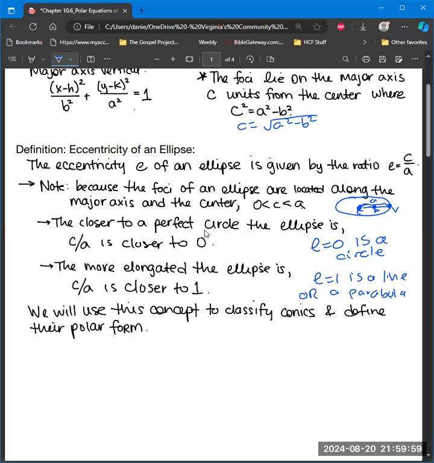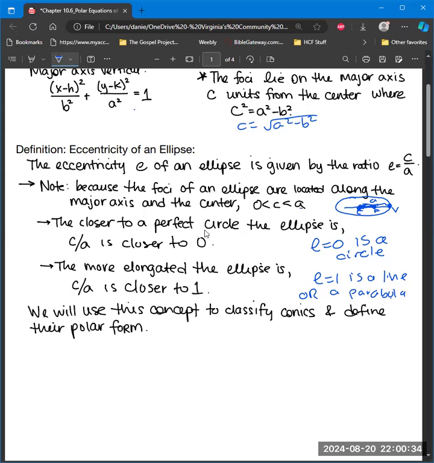When this point comes closer and closer to the center, I get less elongated and more rounded, and it's going to be perfectly round if the focus and center coincide. Then all the points will be equidistant from the center, and that distance won't be a, it will be r.